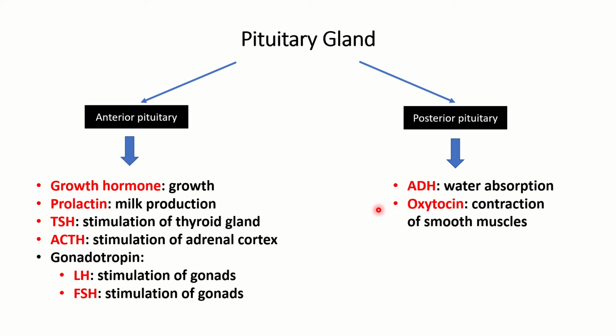The other one is oxytocin, which is important for contraction of smooth muscles. The most important example is during labor, where it will cause contraction of the uterus for delivery of the fetus. The other one is contraction of milk glands, so the milk from the mammary gland, or from the breast, can come down and the baby can drink the milk.